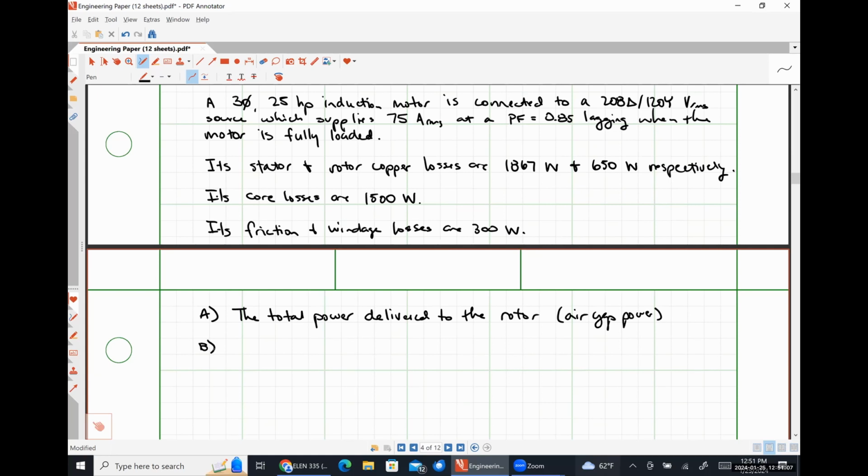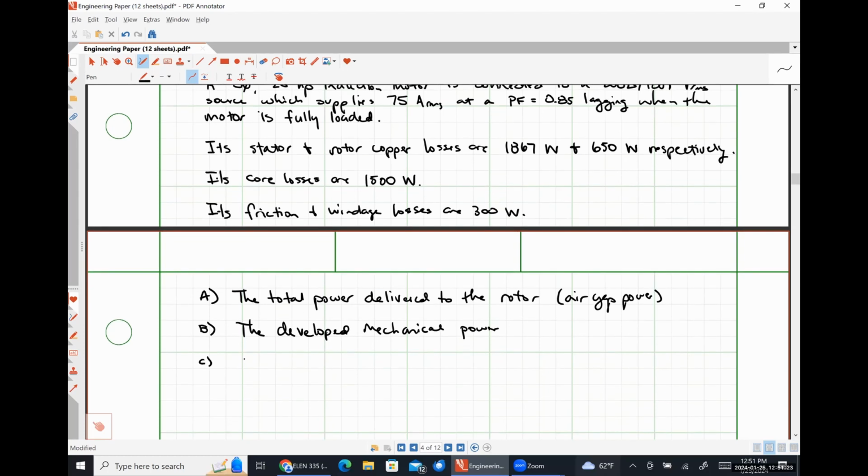B, the developed mechanical power. C, the shaft output power. And D, the motor's efficiency.